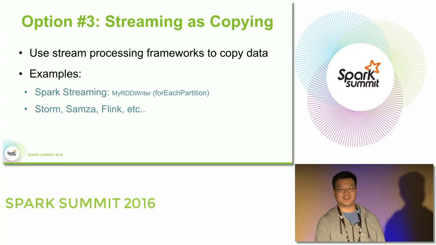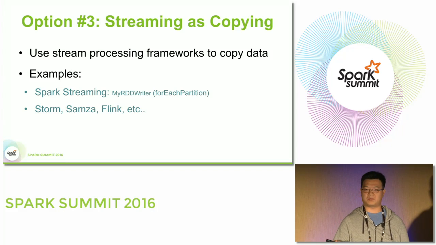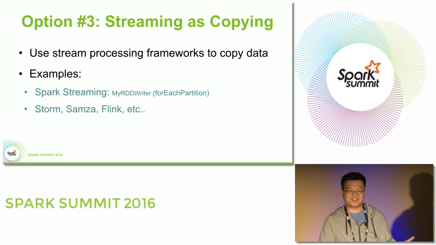Another option that we have seen, which is also very common today, is that you just use Spark Streaming or Storm or Samza or Flink to do the data copying, right? This is something people call using streaming tools for copying data. Because we know that a system like Spark Streaming is good for doing the T, we just use it for doing the E and L as well.